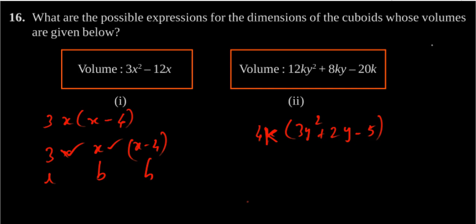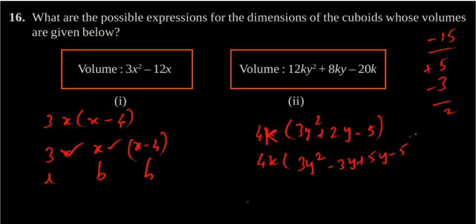3 5s are 15, minus 15 and this is 2. So 3 5s are 15, so 5 3s are 15. 5 minus 3 is 2. This is negative and here it is positive, so the greater number gets the positive sign. We can take it like this. So 4k into 3y square minus 3y plus 5y minus 5.